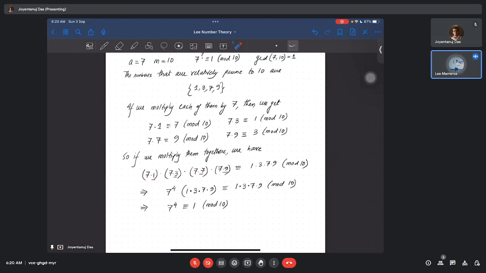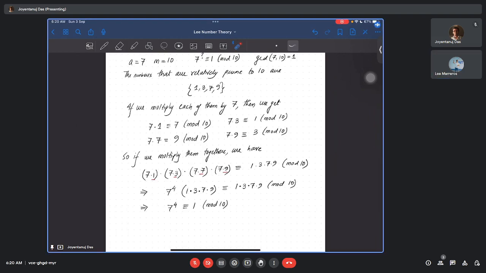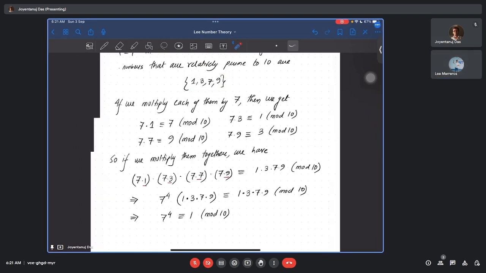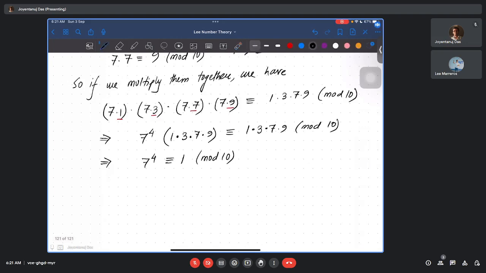Phi of 10 is the set of numbers between 1 and 10 that are coprime with 10. So that is nothing but this set, right? This exponent 4 is nothing but phi of 10.